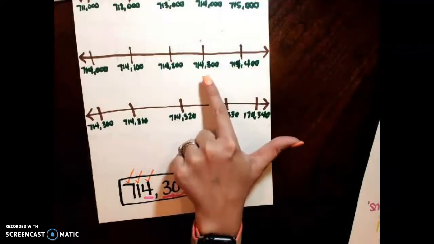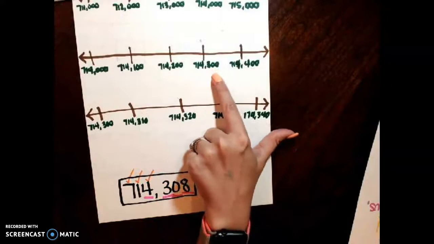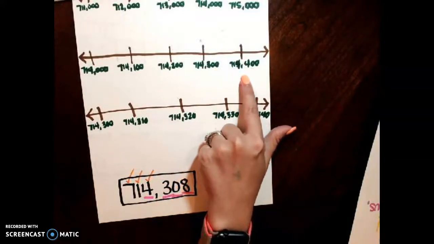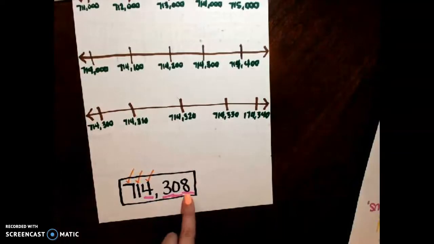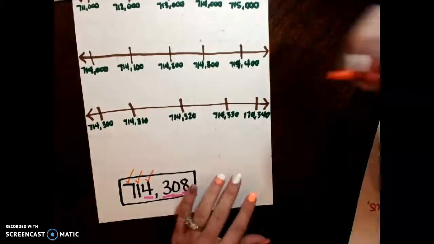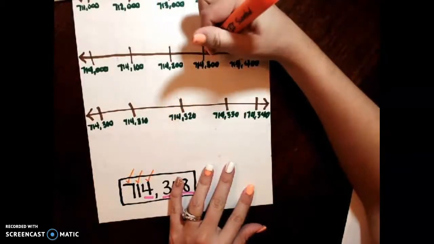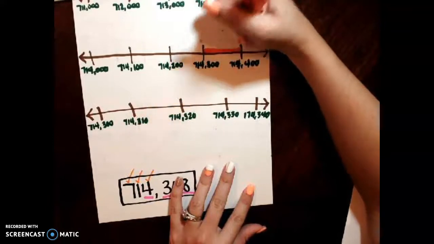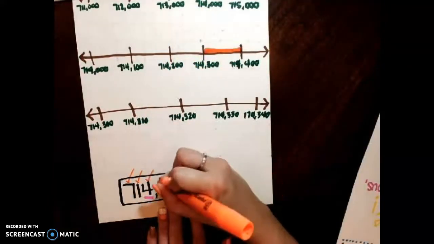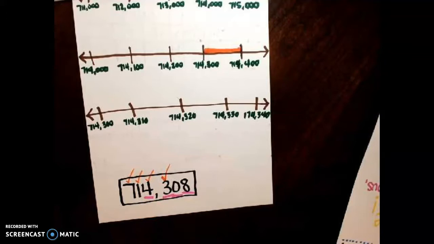So 714,300 definitely is going to work, and it's definitely going to go between 714,400 because of this 8 right here is going to push us. So I'm going to put my orange line right here between these two numbers. Okay, so we got that done.